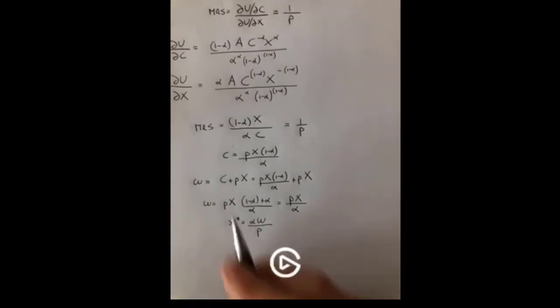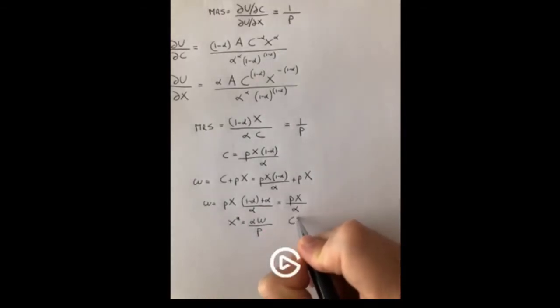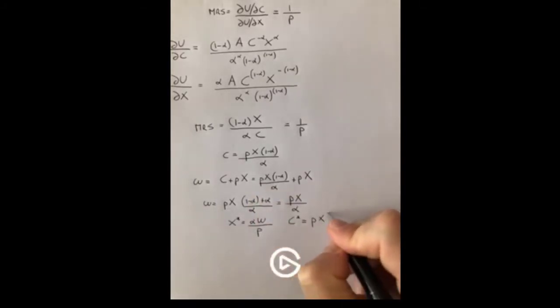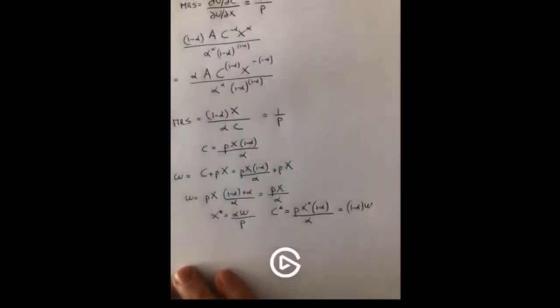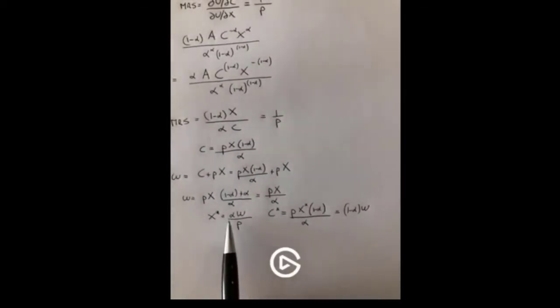Now if I want to find the optimal c star, the optimal c star is equal to P x star times (1 minus alpha) divided by alpha, and replacing x star with this formula gives me (1 minus alpha) times W. Okay? And this is the result. The optimal consumption of x is alpha W divided by P. The optimal consumption of c is (1 minus alpha) times W. And this is a standard property of utility functions that are Cobb-Douglas.